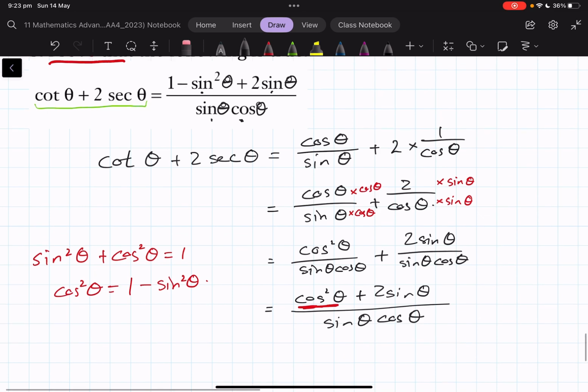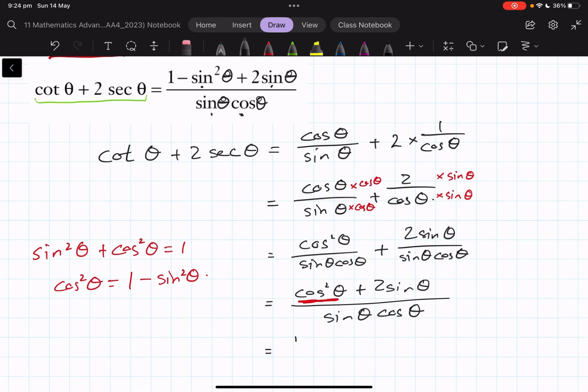So the final step is that the cos squared theta is going to become 1 minus sine squared theta plus 2 sine theta over sine theta cos theta. And there we have it. We've shown as required. We've proven that those two things are equal because I started with what was on the left and I ended up with what was on the right, exactly as is.